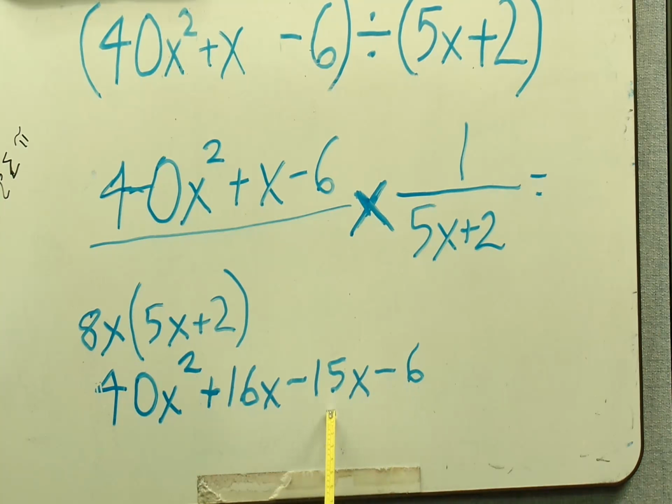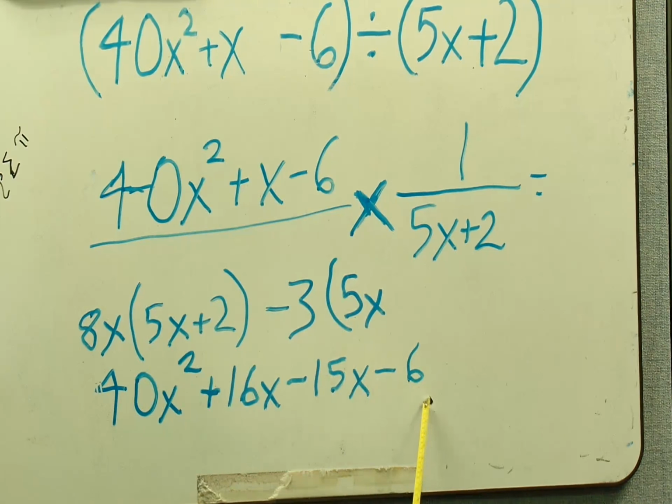So what's the highest number that you could think of that goes into the 15 and also the negative 6? We're going to take out a negative 3. Negative 15x divided by negative 3 is a 5x.